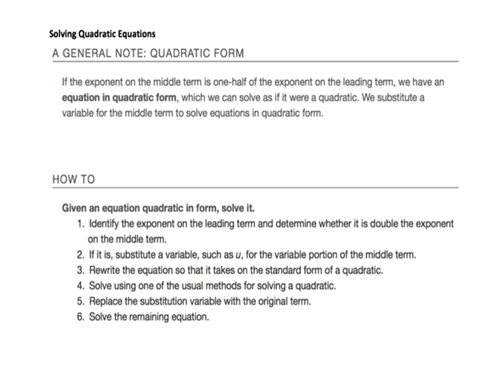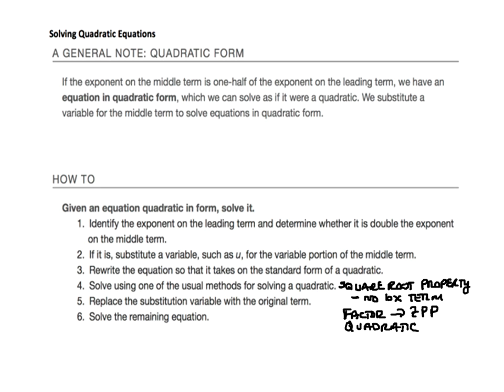And the methods that we have for solving a quadratic are the square root property, which only works if there is no bx term, so no middle term, which none of these are going to come up as. We also have factoring and then using the zero product property, like we have been, or we have the quadratic formula.